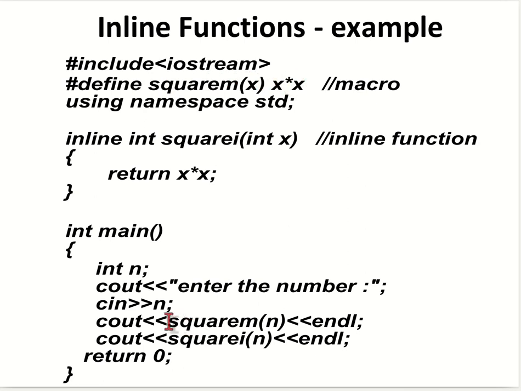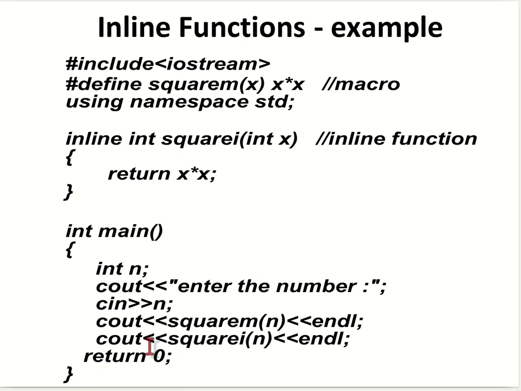So square(n) will be converted, as square(x) is defined as x*x, into n*n. This will surely be converted into n into n.